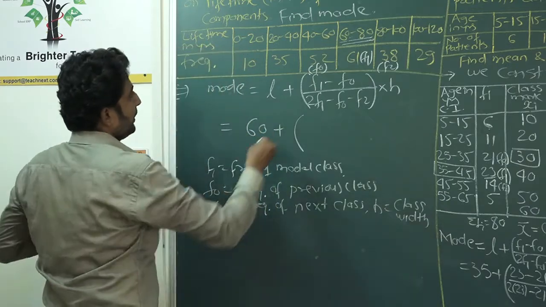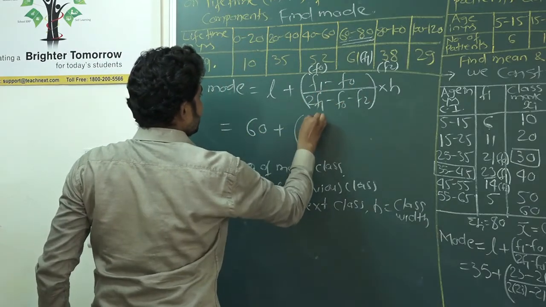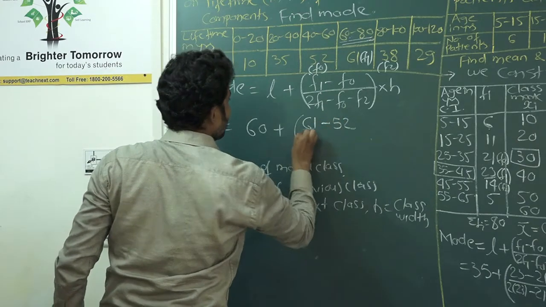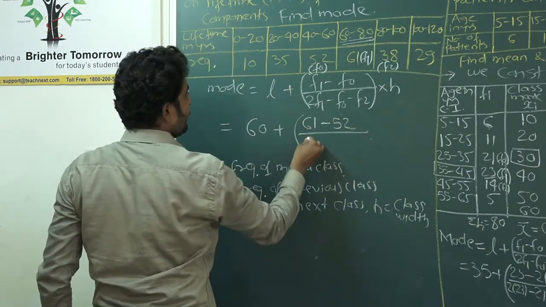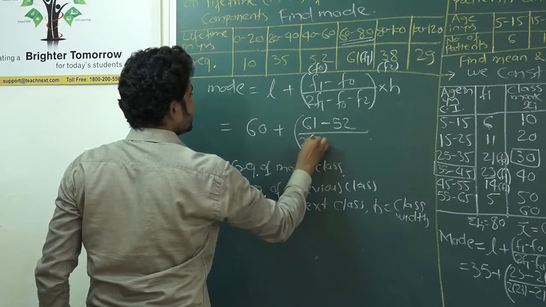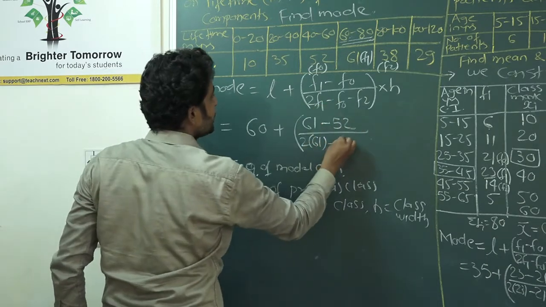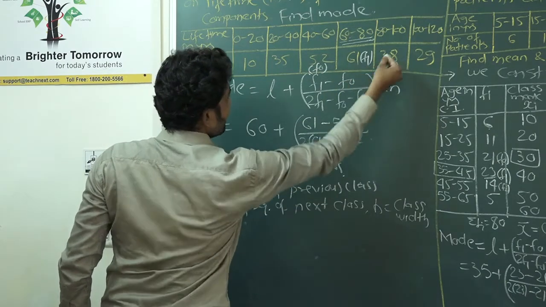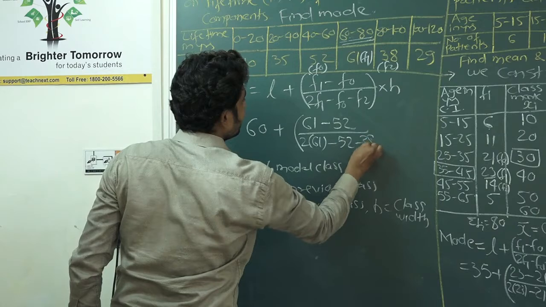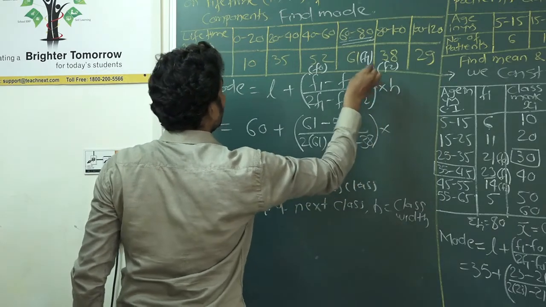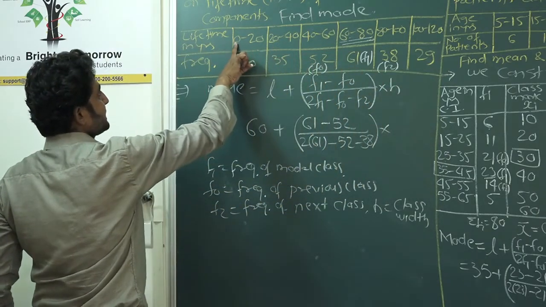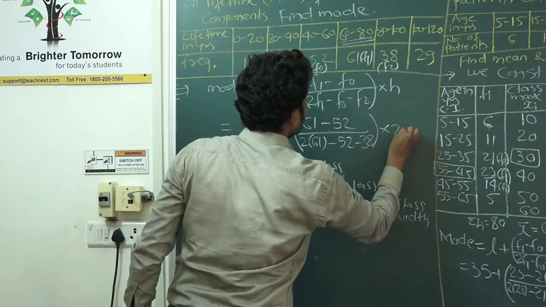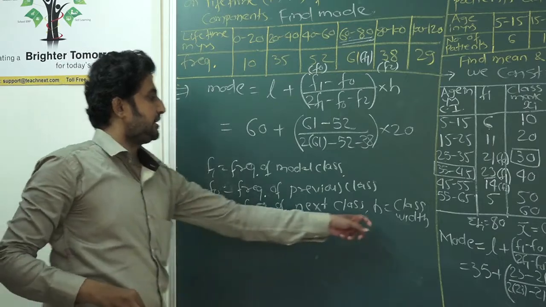Now F1 we know is 61, F0 is the previous class, which is 52, upon 2 into 61 minus F0, the frequency of the previous class 52, F2 is the frequency of the next class, that is 38, into H. What is H? Width of the class: 20 minus 0 is 20, 40 minus 20 becomes 20. So the width of the class remains the same.